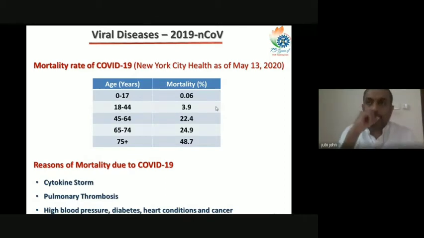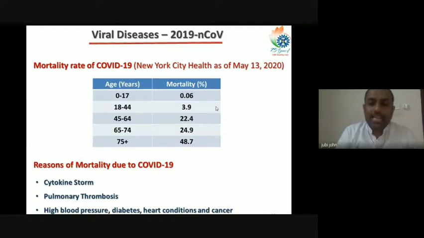Cytokines are proteins which are produced by our immune system in response to an infection. What cytokines do is go to an infected cell and cause inflammation and make that cell inactive or lead it to death. And what does cytokine storm mean?